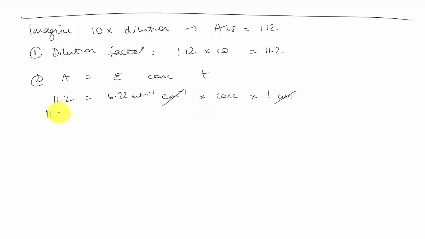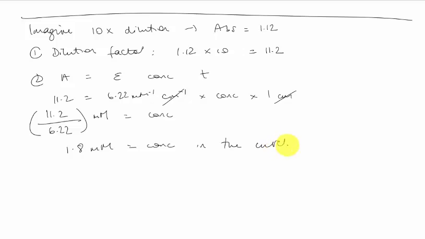So now 11.2 over 6.22. Then the millimolar comes up to the top. So that's nice. So that's what our concentration is. And that would be 1.8 millimolar is the concentration in the cuvette that we were actually reading.